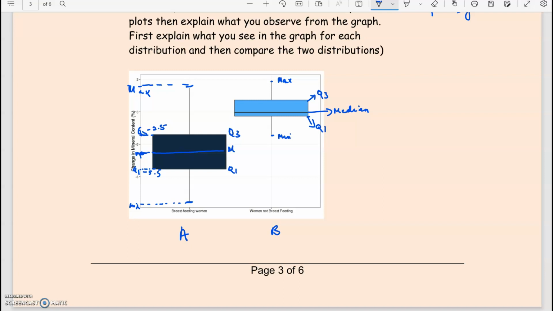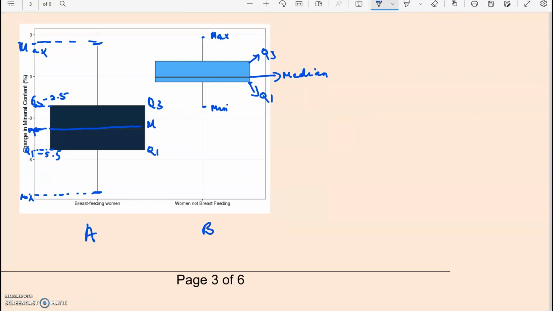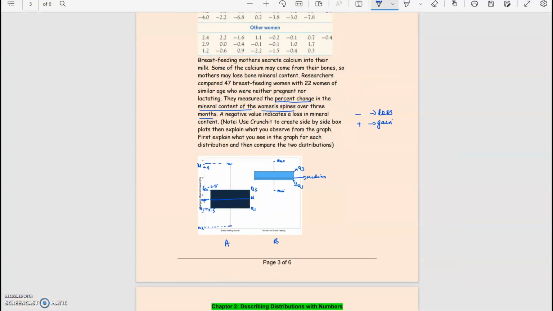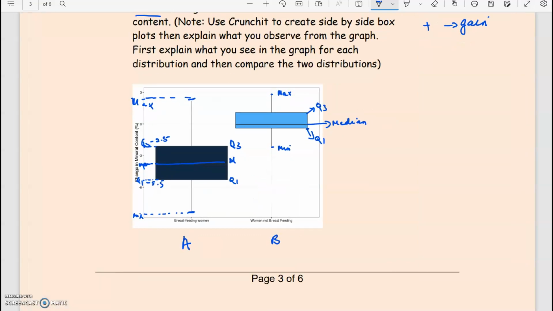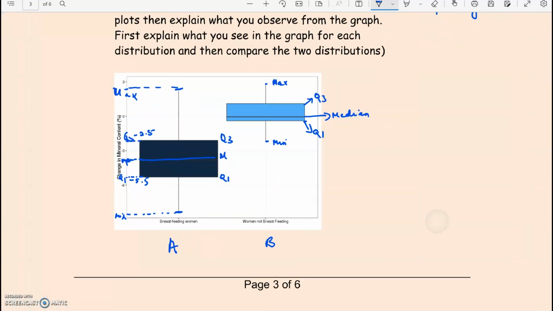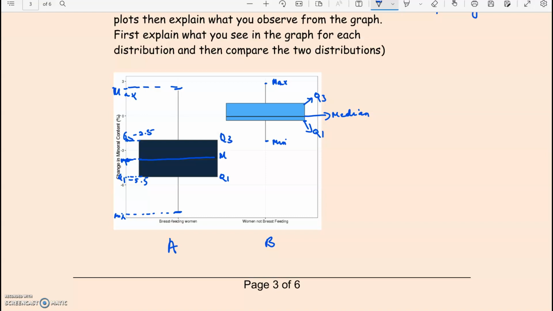The numbers that define the medians for the two sets, one is clearly much higher than the other. So the median here is roughly maybe a 0, and look at the median here. It's like a negative 4.